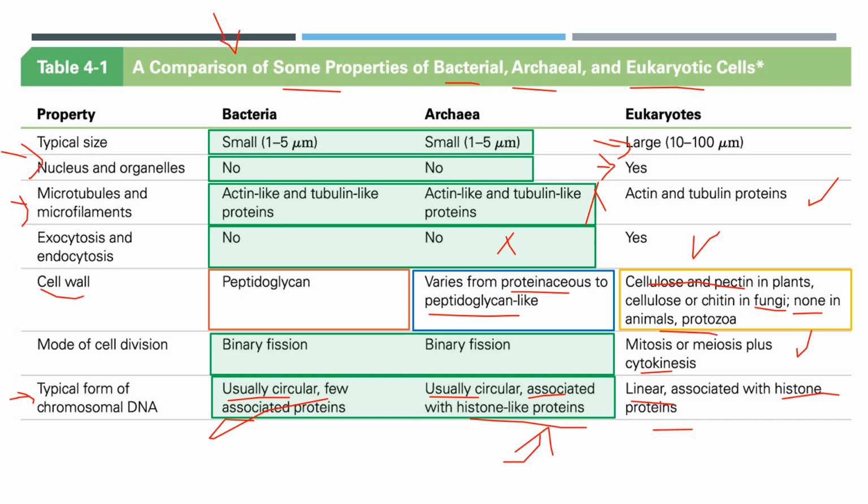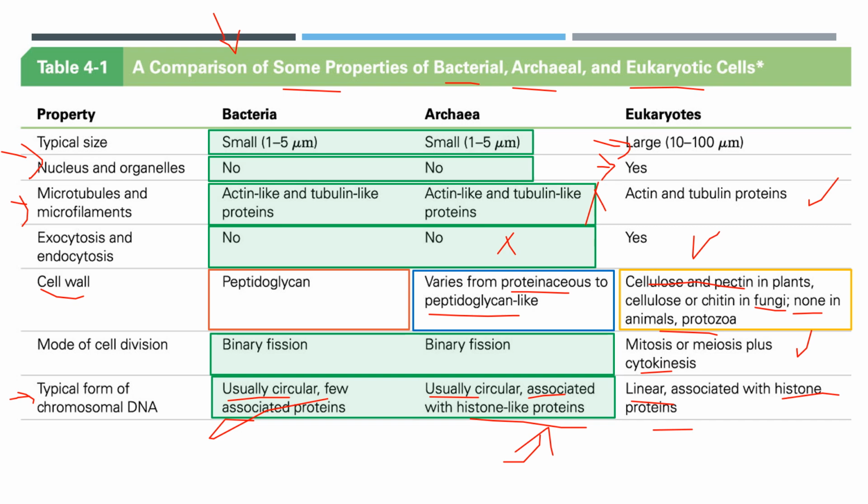What I'm going to show you in the following slide is that those differences are much higher than you think. Although I showed you all these green characteristics, they seem to be very general, and they seem to show that bacteria and archaea are very similar.